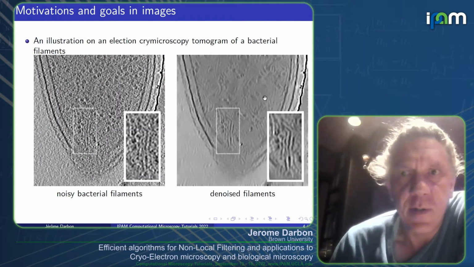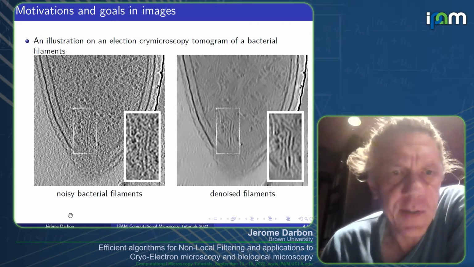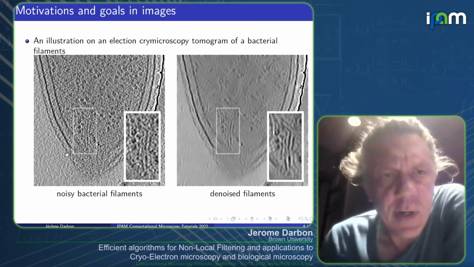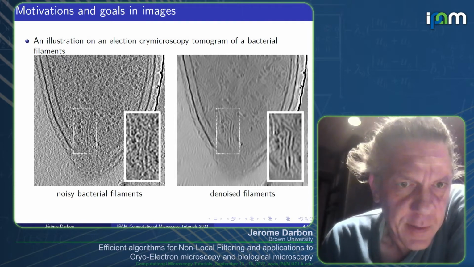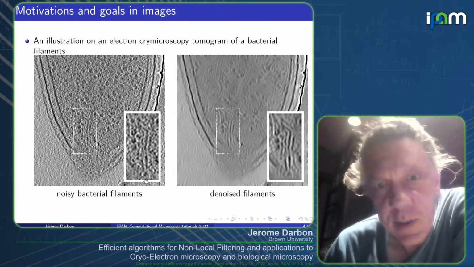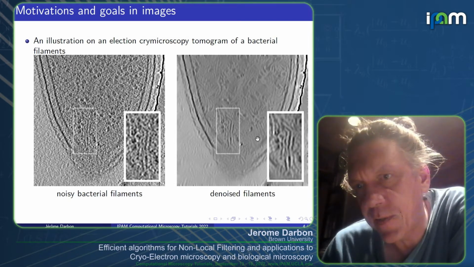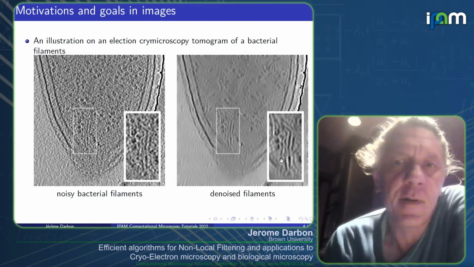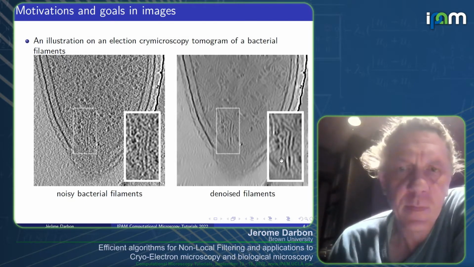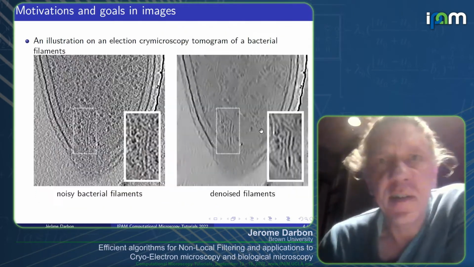Another example here is about bacterial filaments. Again, on the left, you see the original image that was captured. Here you see a zoom of this noisy image, and after some denoising, you start seeing some filaments that we expect to see.